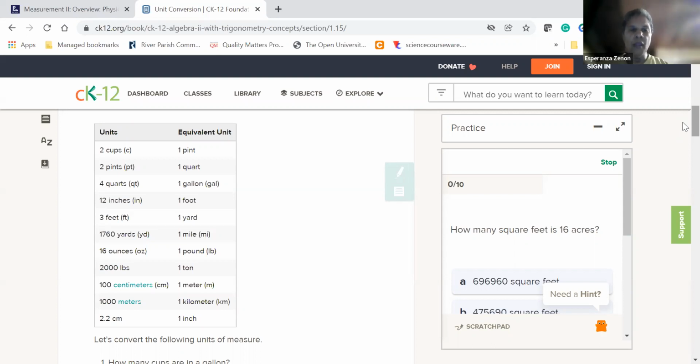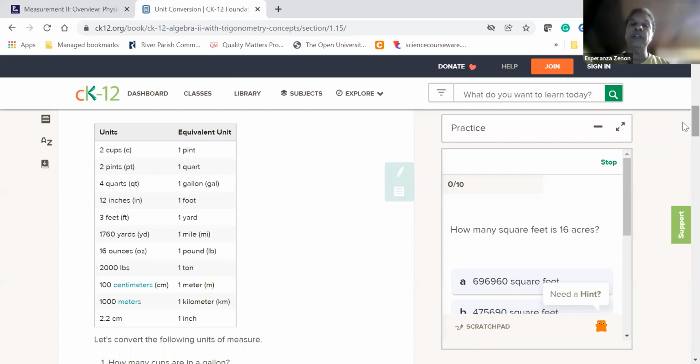And so if you're going to do unit conversions, you have to have access to some type of conversion chart or website where you can get conversion factors. And a conversion factor is nothing more than a fancy way of writing one.